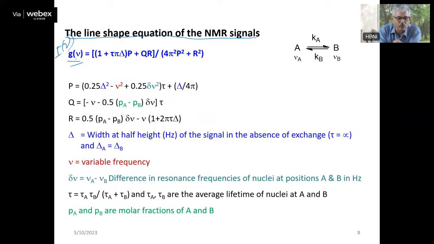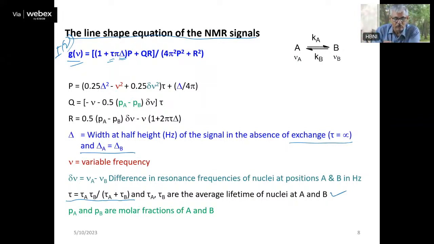The intensity is g(nu), equal to 1 plus tau... Here tau is again a reduced lifetime, tau equals tau A tau B divided by tau A plus tau B, where tau A and tau B are the average lifetimes of nuclei A and B. Now delta is the width at half height of the signal in the absence of exchange, that means the lifetime is infinity.